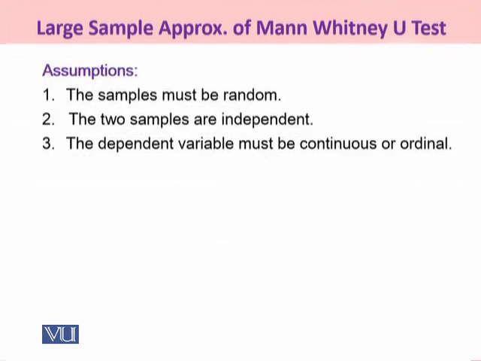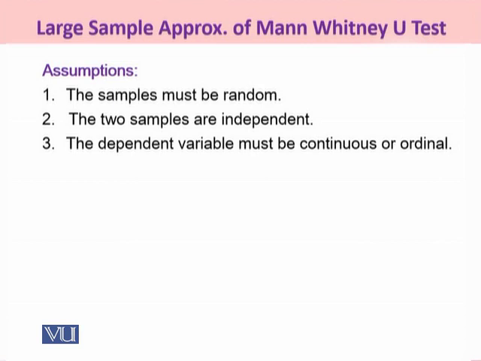Now, the assumptions you need to check in the two groups for applying the normal approximation for the Mann-Whitney U-test are, number one, the sample must be random. If your sample is not random, you cannot follow the normal approximation. Similarly, the two samples have to be independent.